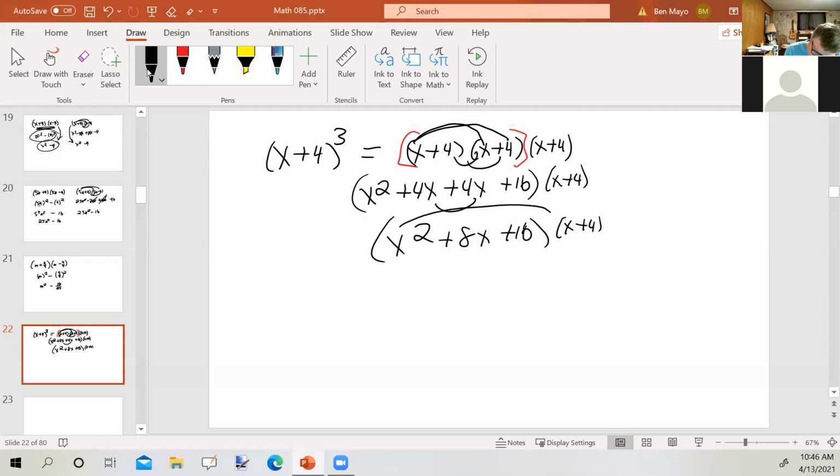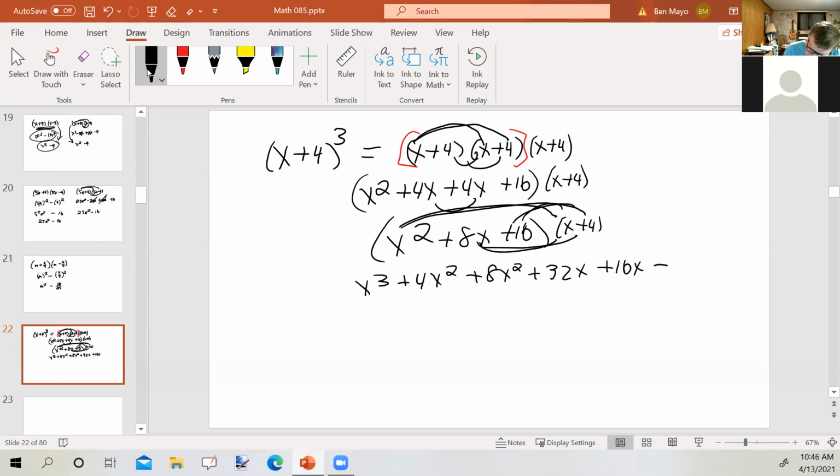So now I've got x cubed plus 4x squared plus 8x squared plus 32x plus 16x plus 64.